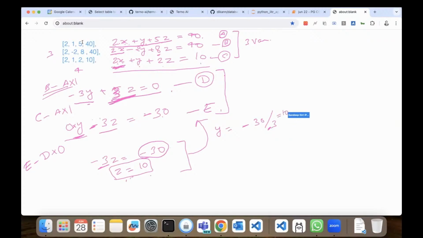I just put this in the first equation, in D. I basically took this equation and put it in this equation, the D equation. Make sense? Let that sink in.